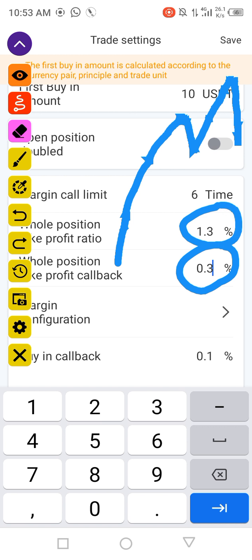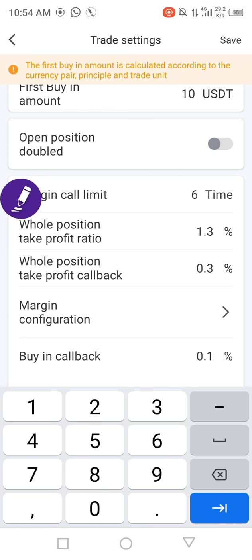So these two work hand in hand. If you want a faster trigger, you reduce this one, hold position, take profit, callback. But if you want a delay to capture more profit range, you can increase it. 0.3 is standard, 0.3 is okay.